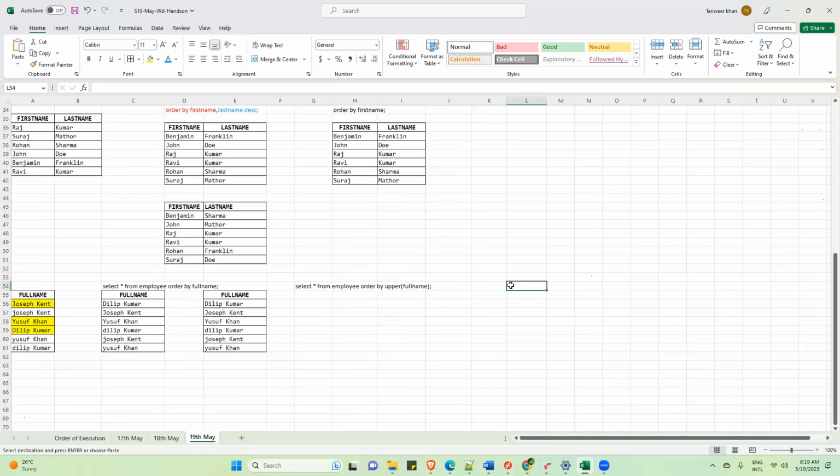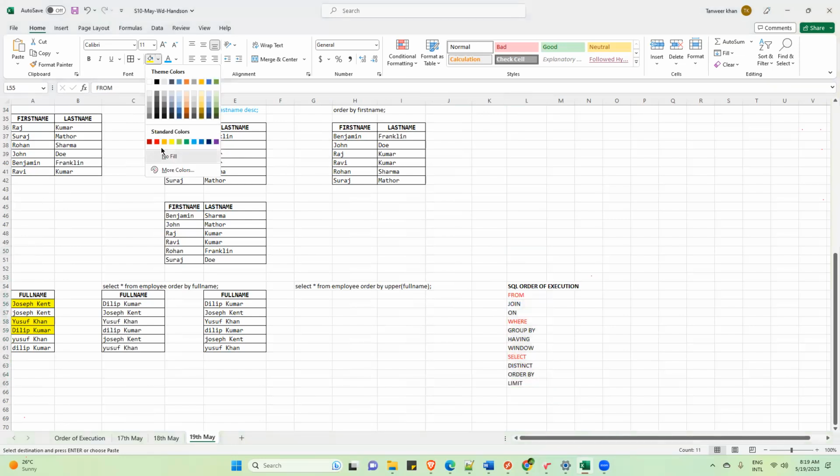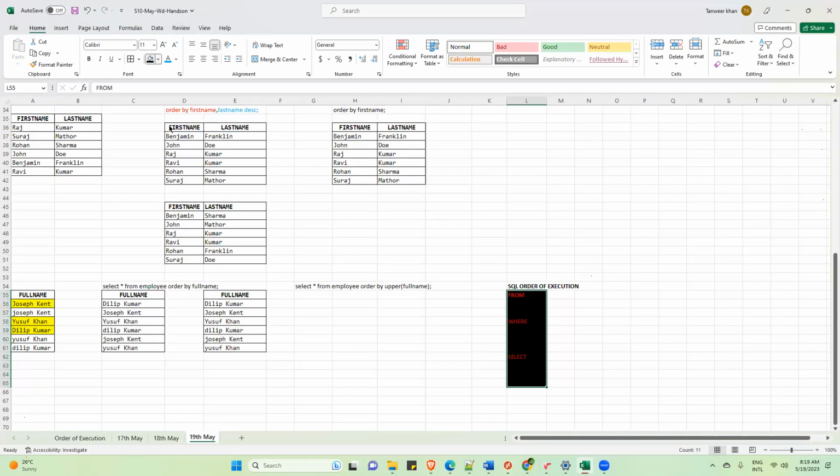In this query, which keyword will you execute first? From. From employee means you want to copy the employee table. So fine, you have this employee table.